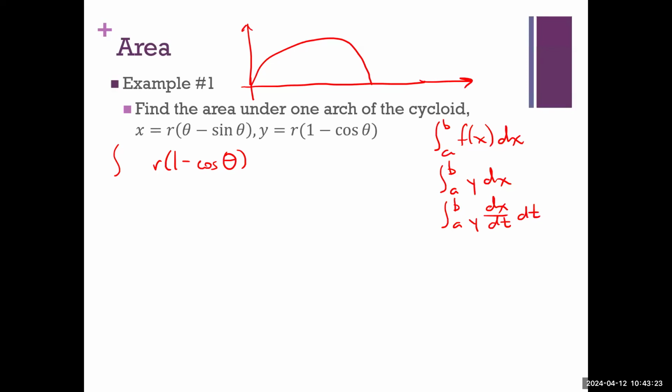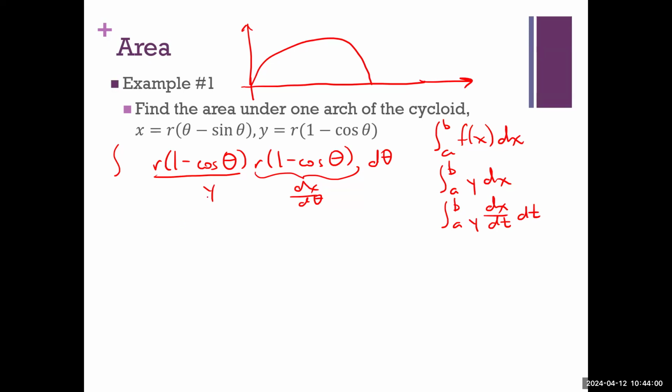So the first thing I wrote down is y. This next thing I'm going to write down is dx, which Caleb, I think you already said it. 1 minus cosine theta. And to be clear, where'd that come from? Right, so this right here is dx d theta, and then d theta. So this is the thing we're going to integrate. But we have to know how far to integrate it.